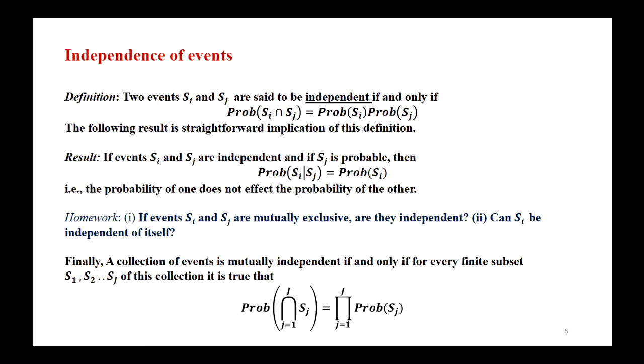So I take any group of events, and the probability of their intersection should be equal to the product of their probabilities. In this case we call the collection of events mutually independent. It's a straightforward generalization of the two-event case.